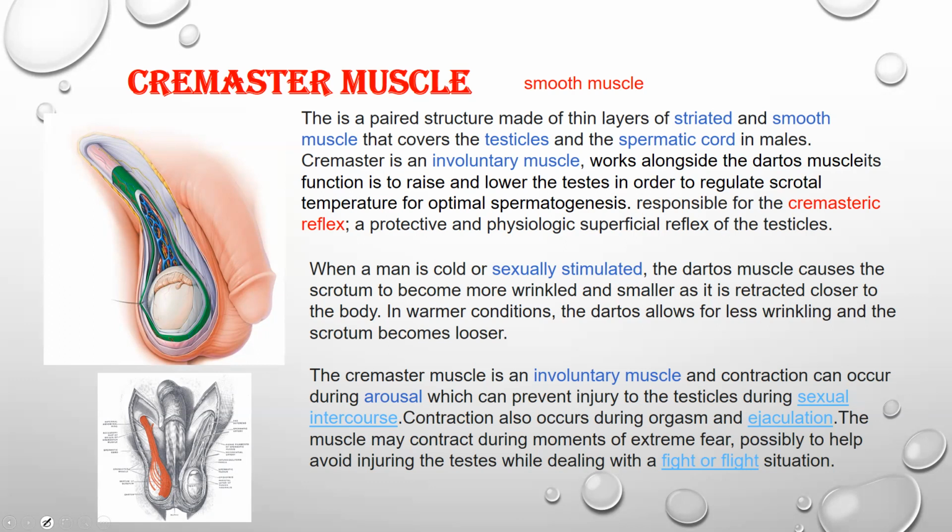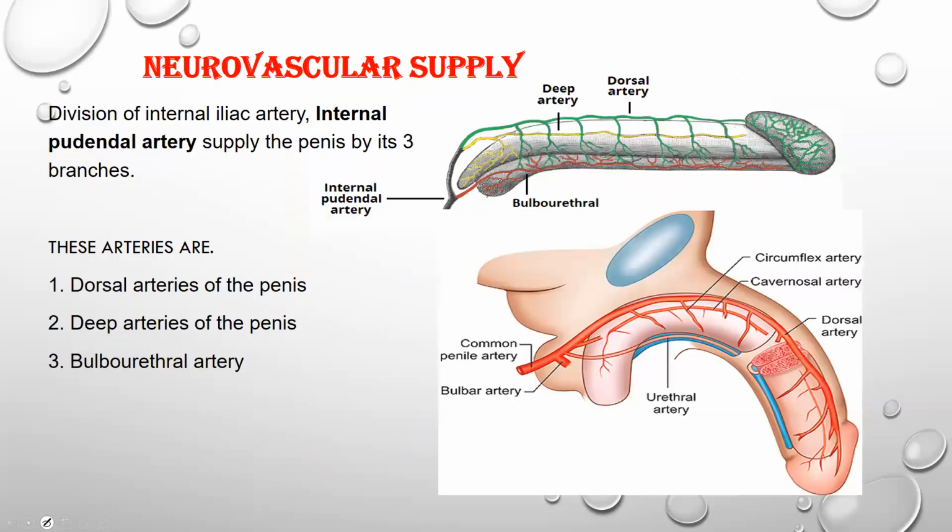Whenever the person is dealing with a fight or flight situation, those stressful or fearful hormones are there in the brain. So it's always going to create contraction of the cremaster muscles, and it will protect the testes. But too much of it, you can understand, will affect the production of sperm.